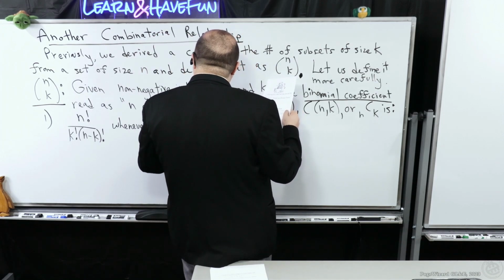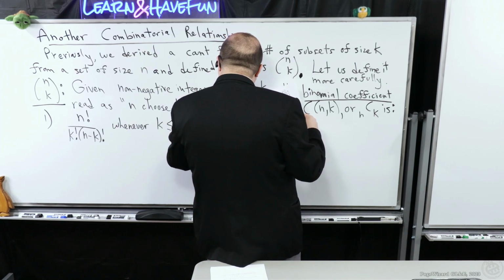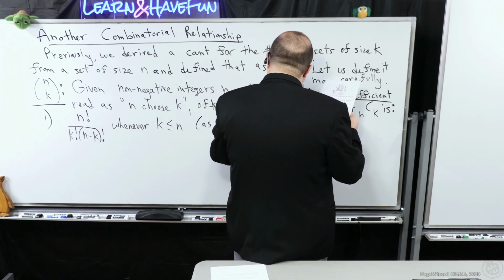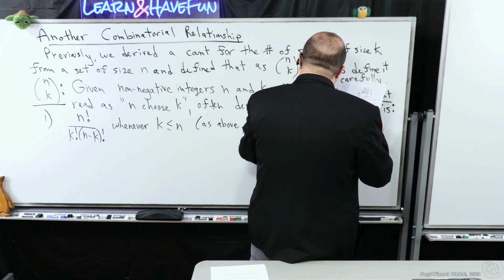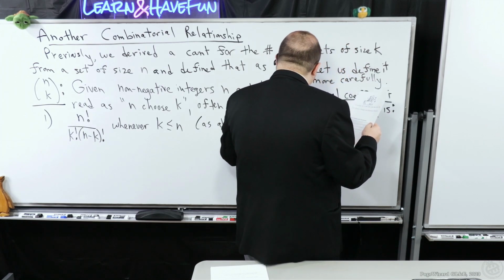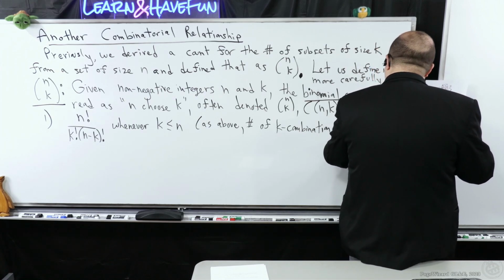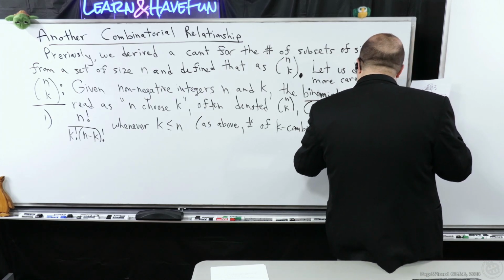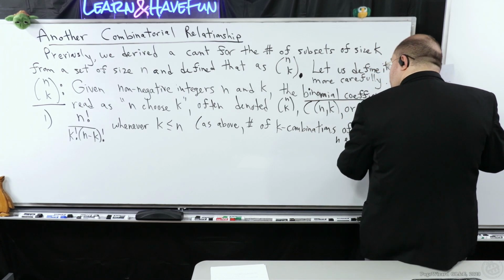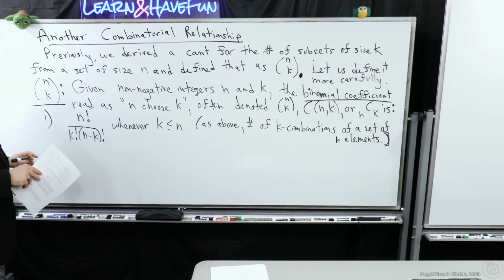Remember, this is just as we defined it above, the number of k combinations of a set of n elements. There's nothing surprising about that.